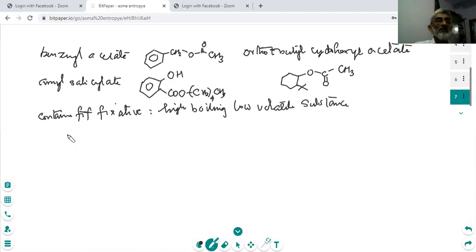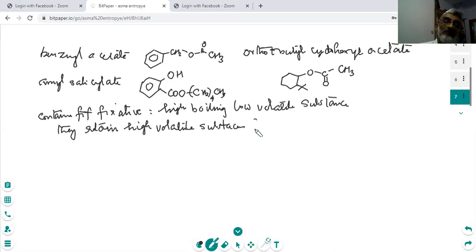Actually, their role is they retain the highly volatile substances for a longer time.